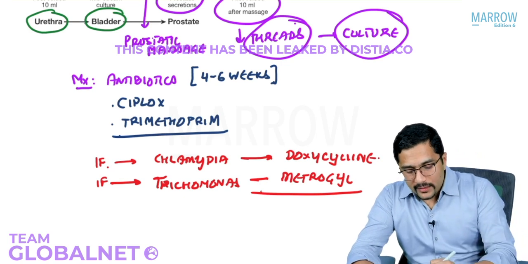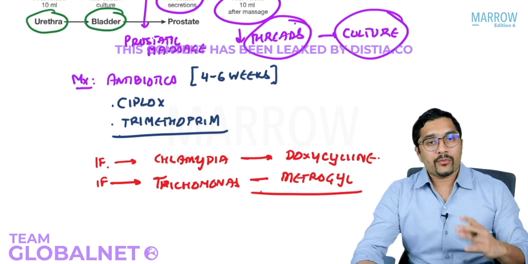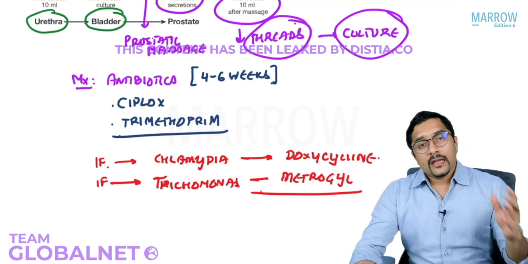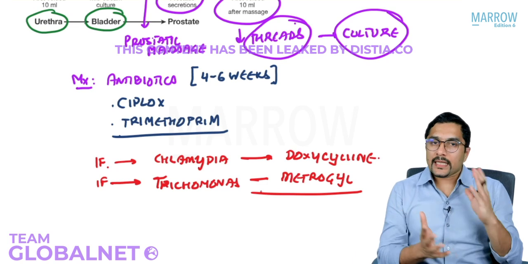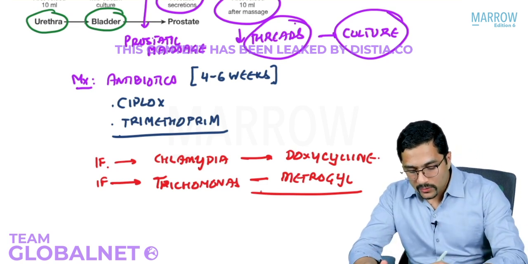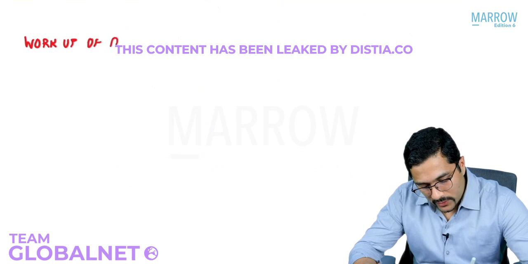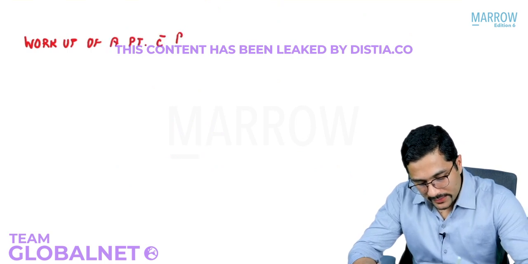Now, the two main conditions in the prostate are benign prostatic hypertrophy and prostate cancer. Both these conditions can present with similar features. So now I am going to talk about the workup of a patient with prostatic problems.